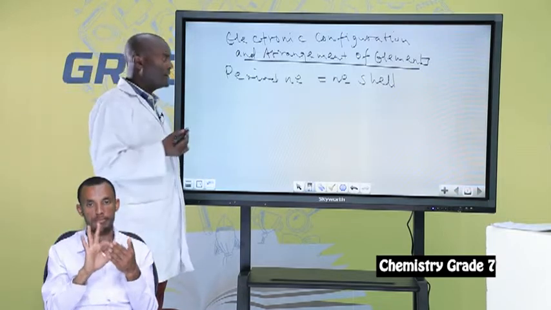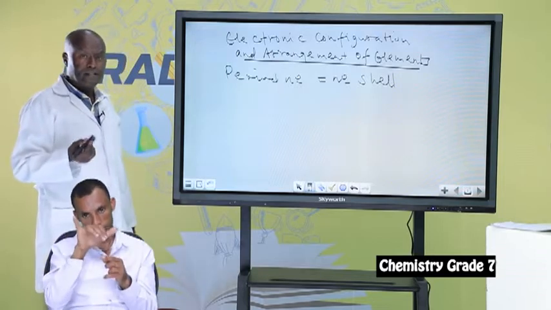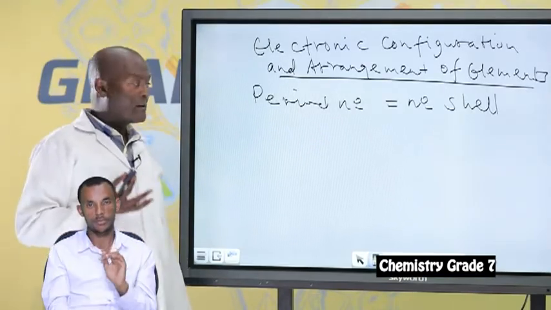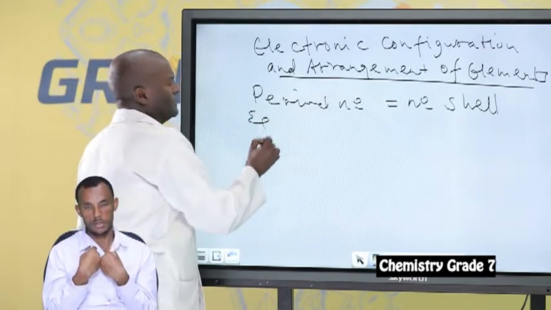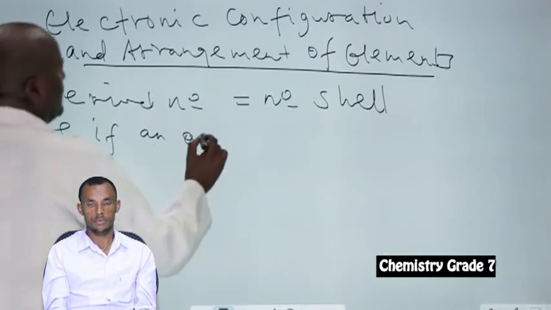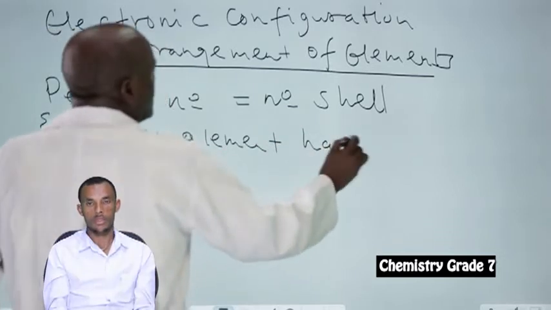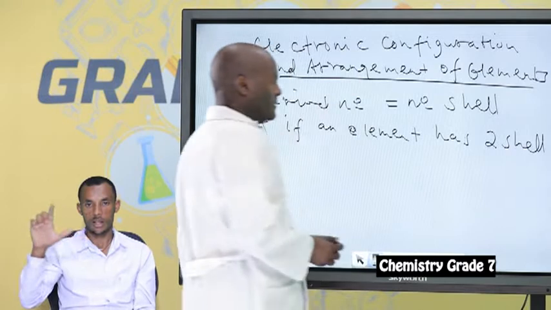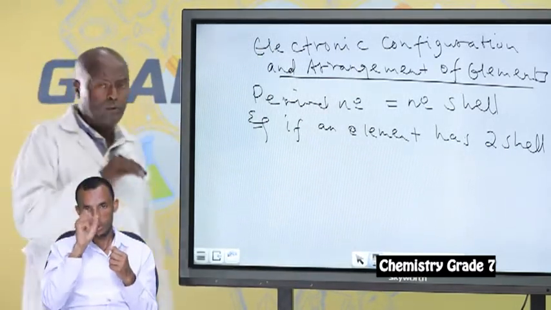That means period number is equal to number of shells. For example, if an element has two shells, it is found in period 2.